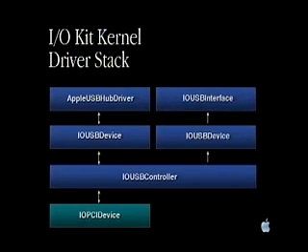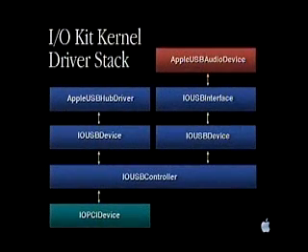Again, we use the I/O Kit matching code to ask for a driver to be matched against this interface, and we have the Apple USB audio device driver loaded against it. So this is how this works, and any device that you plug in will do the same thing, and we'll try to find drivers for it and instantiate them for your device as long as they're in the kernel.